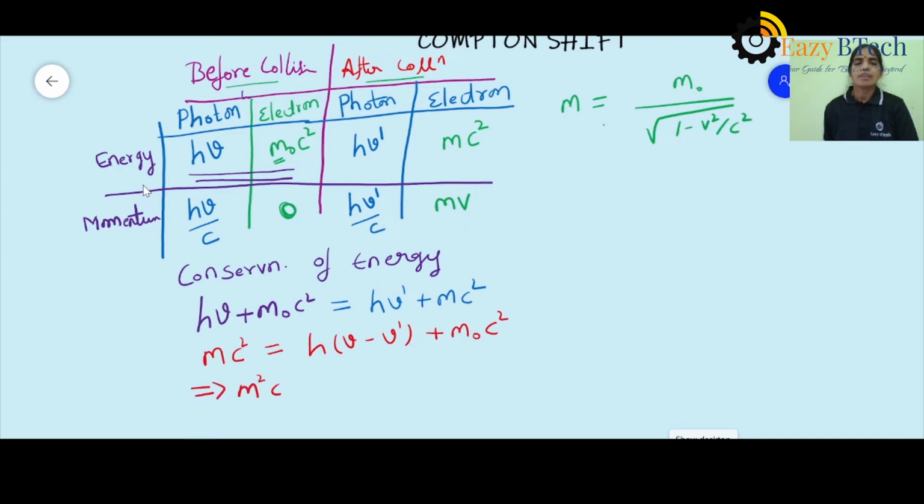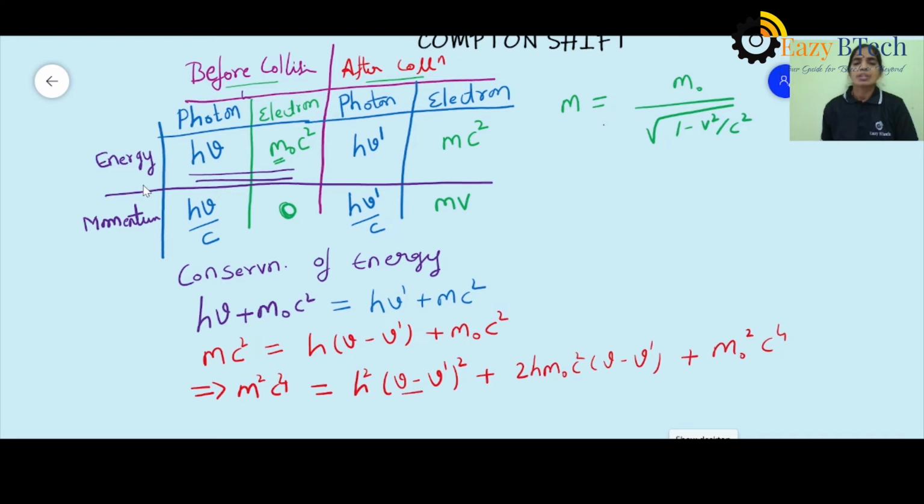On squaring, I have m square c power 4 equal to a plus b whole square form. So I get h square into mu minus mu prime, that represents a square, and 2ab, which could be written as 2h m naught c square into mu minus mu prime, plus b square, which is nothing but m naught square c power 4.